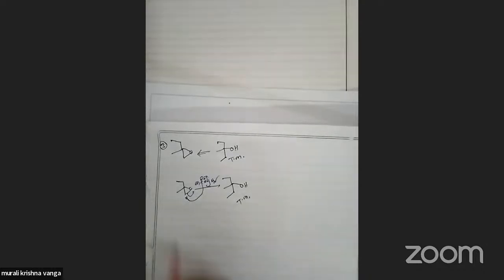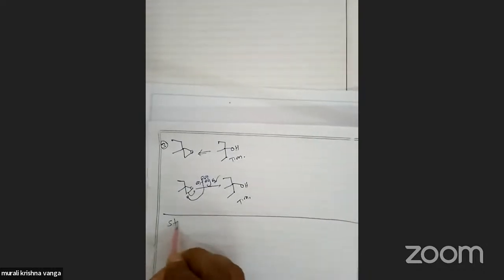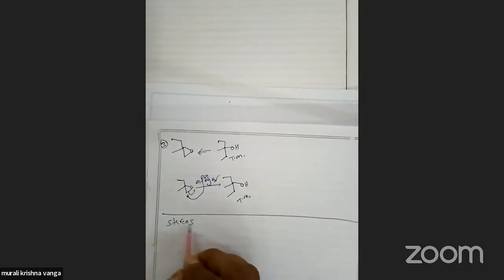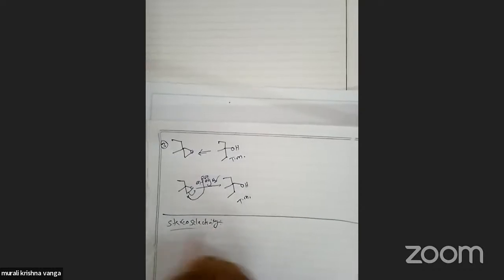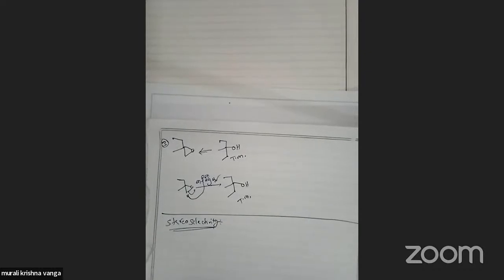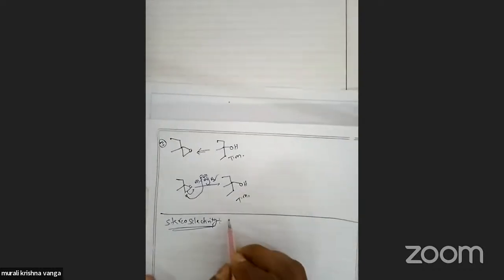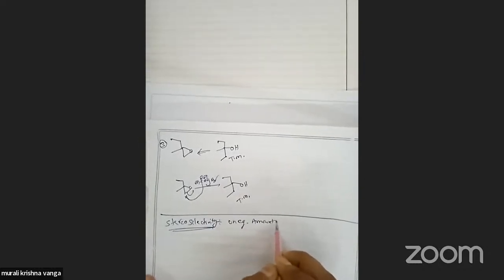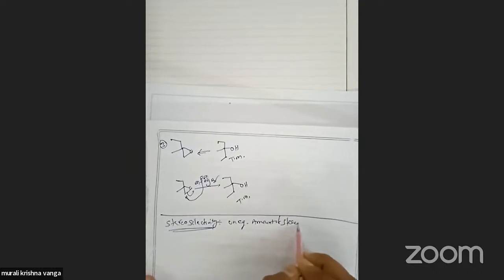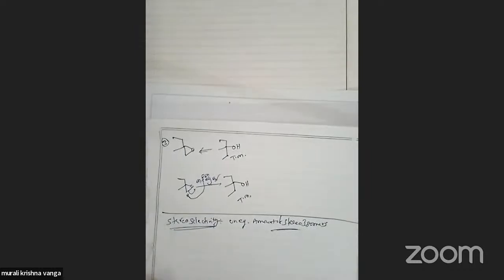Next, stereoselectivity. Any chemical reaction which produces unequal amounts of stereoisomers is called stereoselectivity.